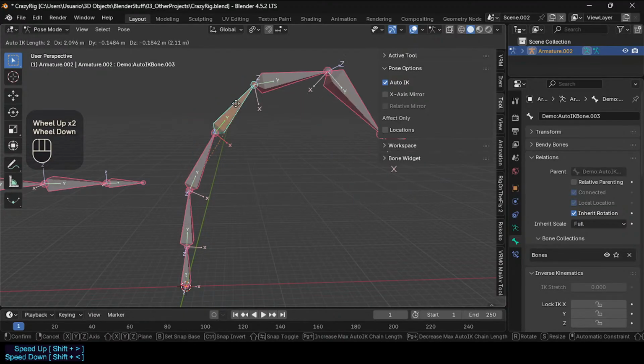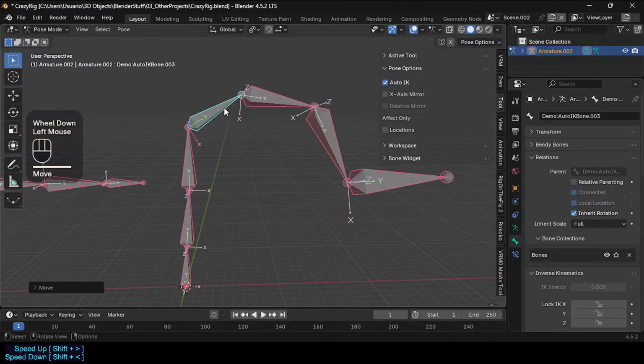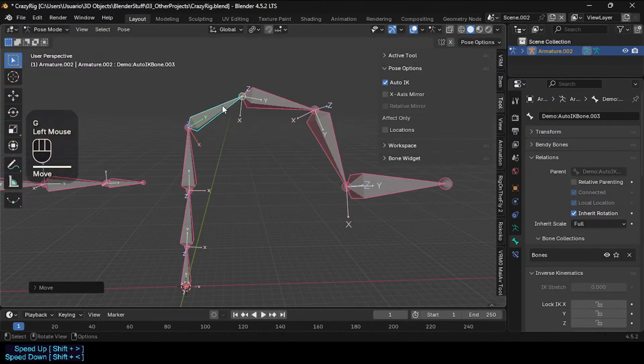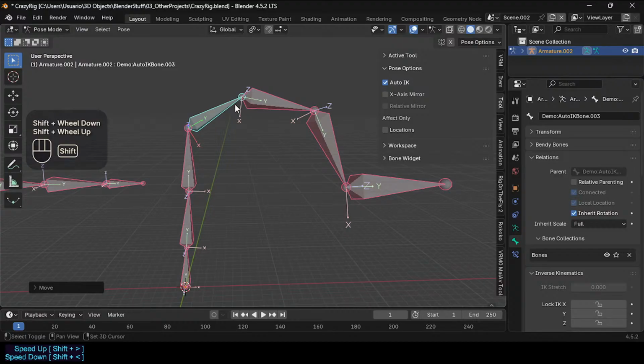But what if we could also have an Auto FK length that I could maybe activate by holding Shift and the middle mouse wheel? So the same way, instead of just the middle mouse wheel, just hold Shift and middle mouse wheel. Of course, we don't have the feature here.